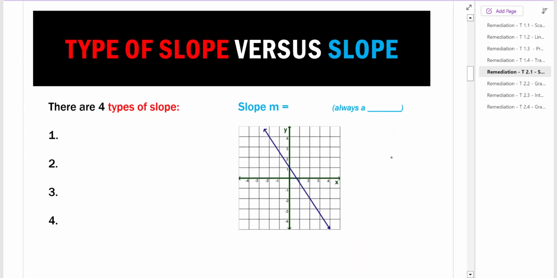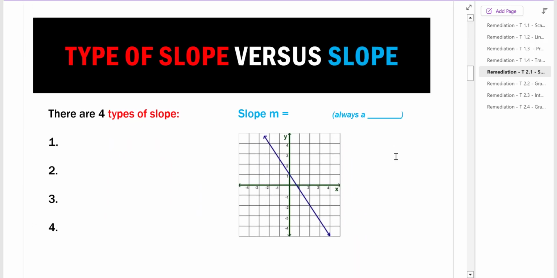So first we're going to start with type of slope versus slope. A lot of times people confuse these. There are 4 types of slope. We have positive, and positive slope is this direction.